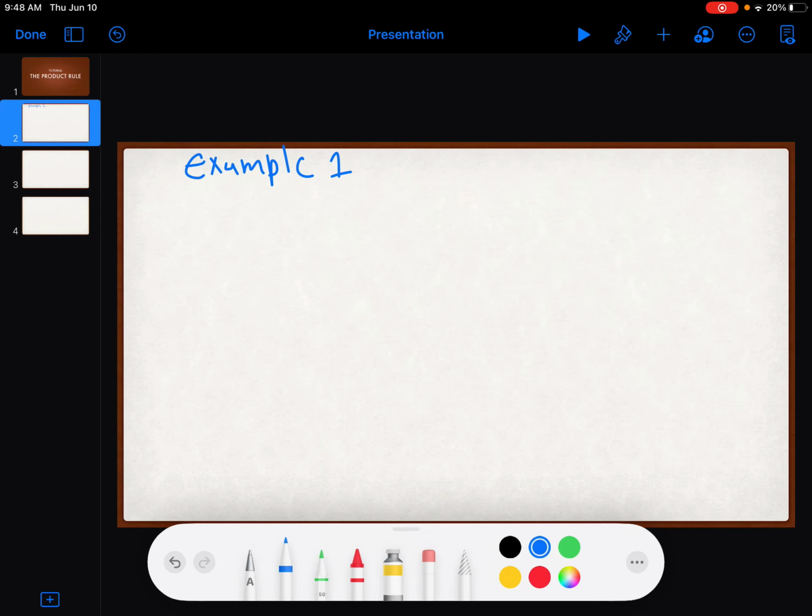So our first example, we're given a function y is equal to 3x squared plus 2 in brackets times 4x squared plus 6 in brackets. Now we can take the derivative of this by distributing this out, multiplying it all out.